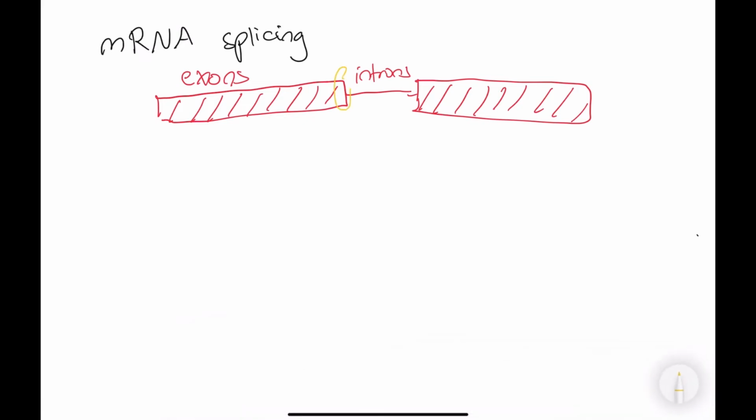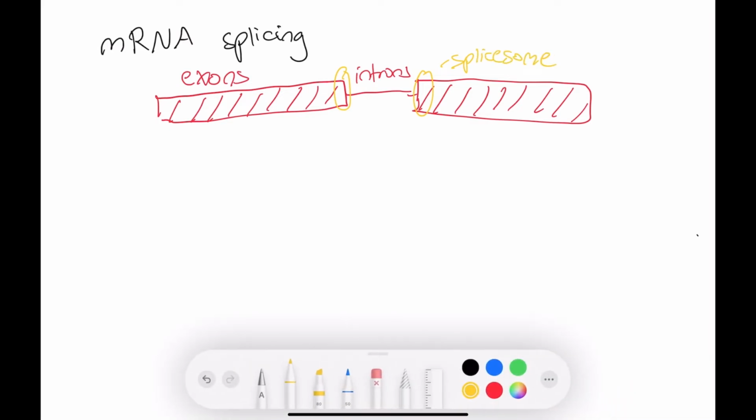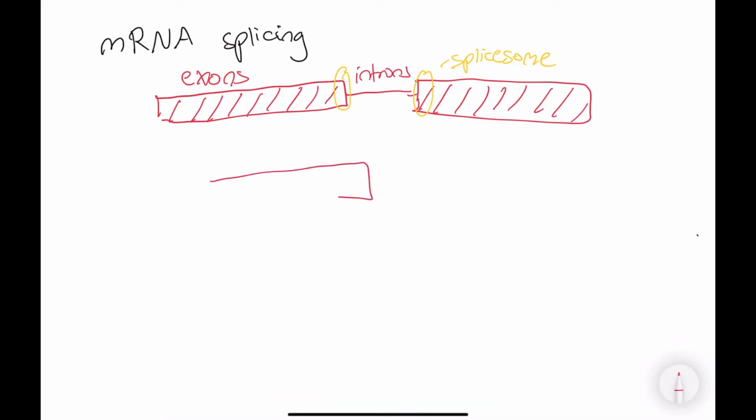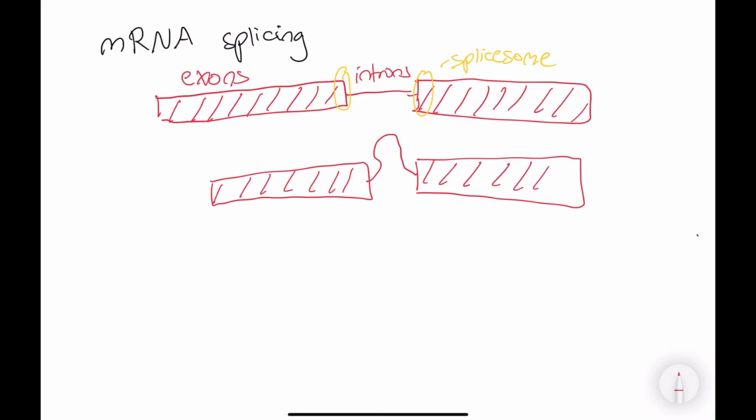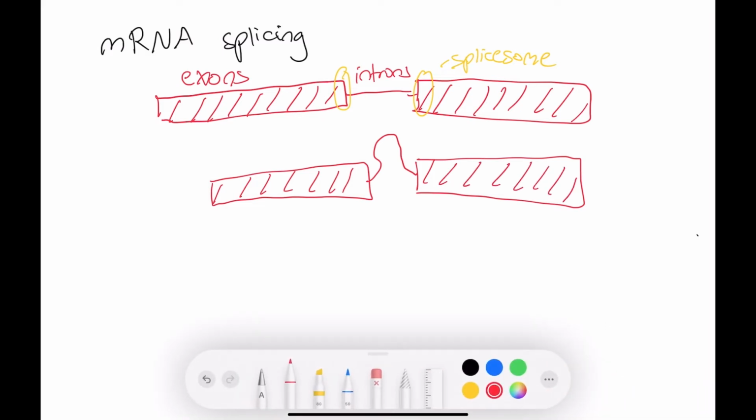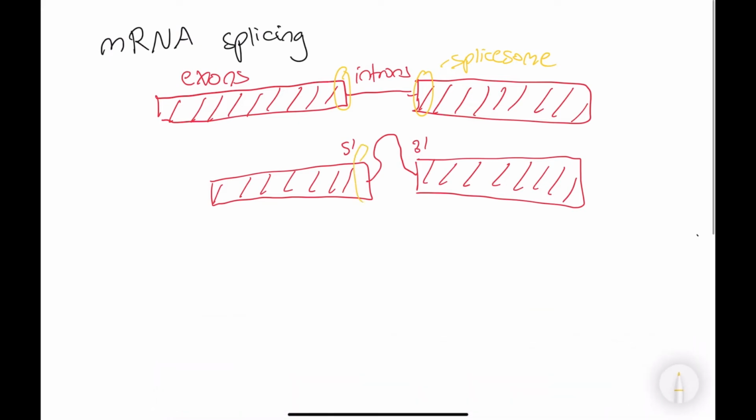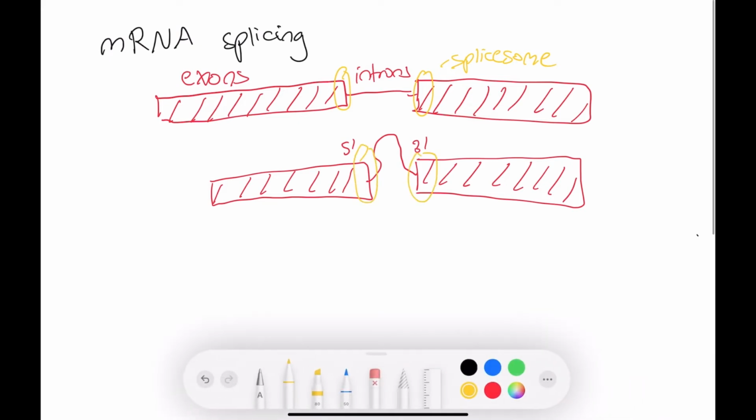To remove the introns, spliceosomes are used, and what they do is bring the exons closer together. By doing so, it bunches up the introns into a loop-like shape, like so. And then once that occurs, the spliceosome cuts the intron at the 5' end.